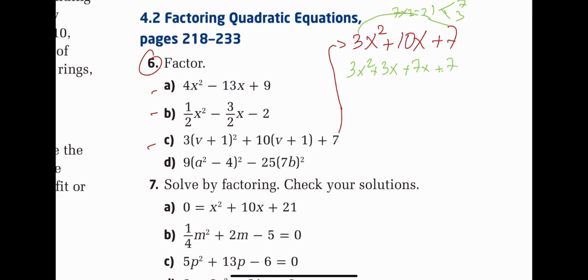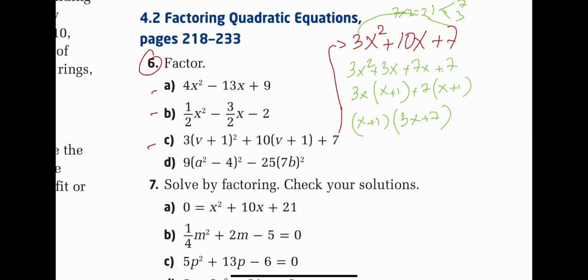Here I can factorize by 3x times x plus 1, and on this side by 7 times x plus 1, and again by x plus 1, which gives x plus 1 times 3x plus 7. Good.